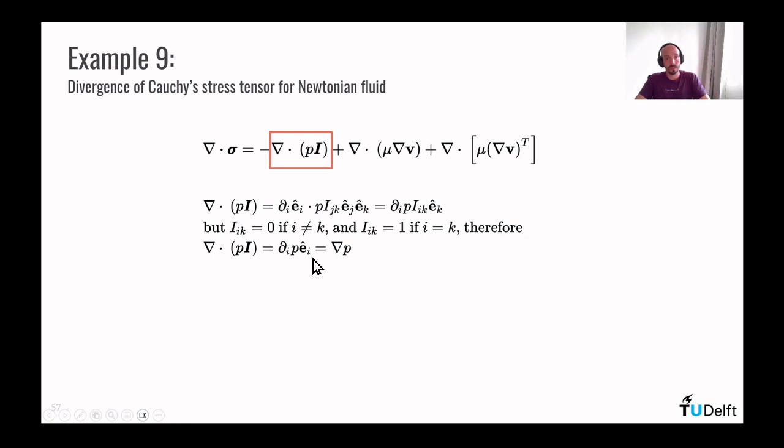And if you see that i is a repeated index, I can expand this from 1 to 3. Then I recognize that this is nothing else but the gradient of pressure. So the divergence of pressure multiplied by the rank 2 identity tensor is just equal to the gradient of pressure.